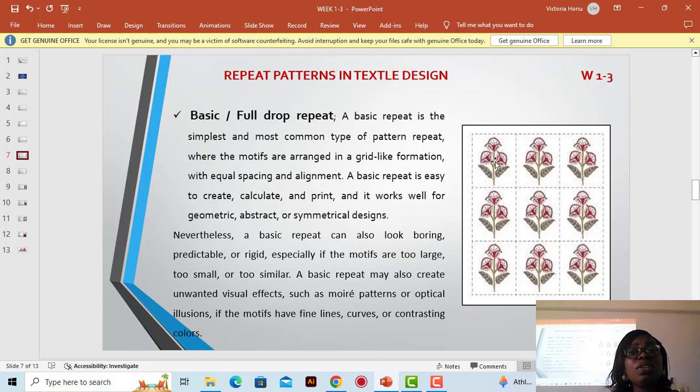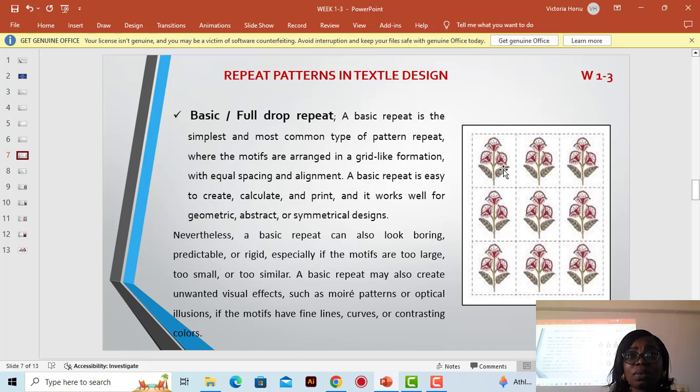Now, before you even think of creating a fabric, you would have to look for a motif. A motif. This is a flower. One of that design is a motif. Once it is repeated, like what we are seeing here, we have repeated the motif, it becomes a pattern or a design.